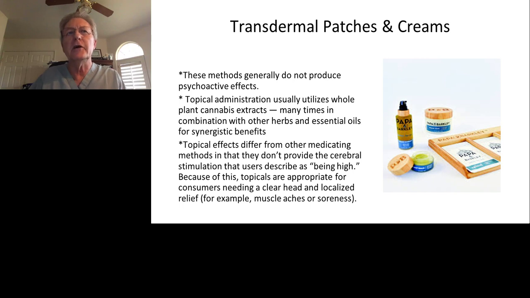Combinations of different ratios that have acids and neutral forms of phytocannabinoids with many other active ingredients that have their own physiologic benefits are incorporated in these formulas. Topical effects differ from other medicating methods in that they don't generally provide the cerebral stimulation that users describe as being high. Because of this, topicals many times are appropriate for consumers needing a clear head with localized pain relief.